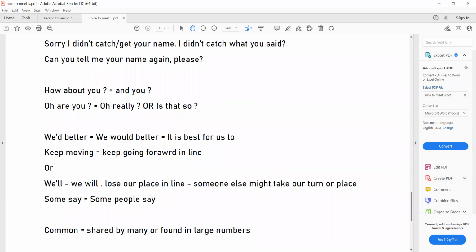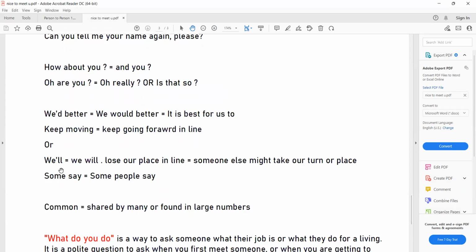Okay. And Patricia said "we'll," which is short for "we will lose our place in line." To lose your place in line means someone else might take your turn. They might take your turn or place in the line. They also said, "some say," this means some people say.